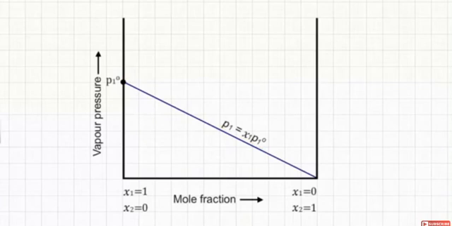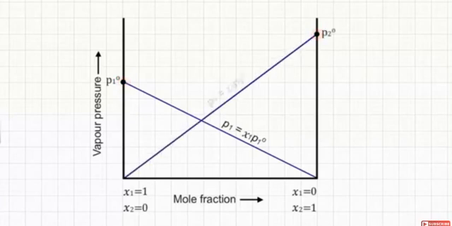As you can see in the graph, when the mole fraction of first component becomes 1, the partial pressure of component 1 is the vapor pressure of the pure component 1. Similarly, a plot for the component 2 corresponding to the equation P2 equal to X2 P2 naught on the same set of axes is represented as shown here.